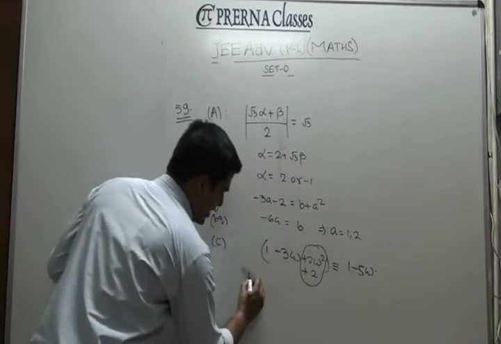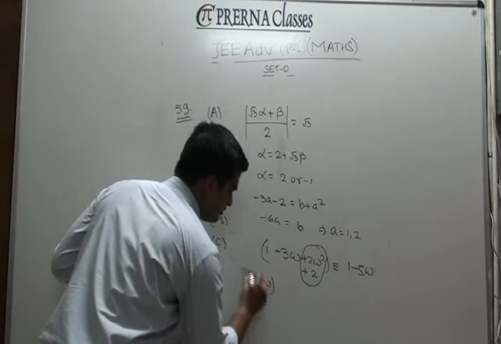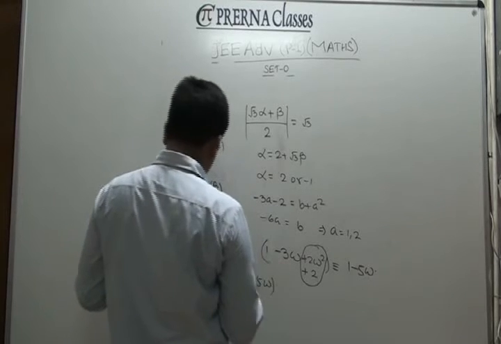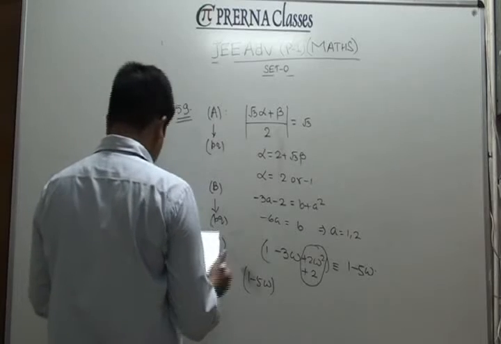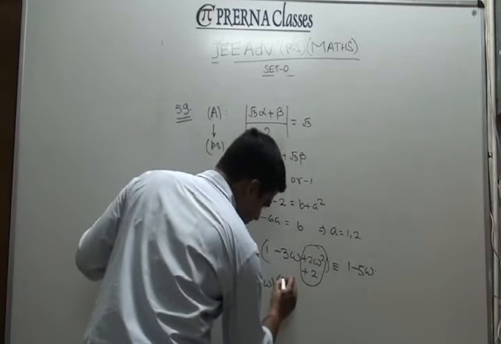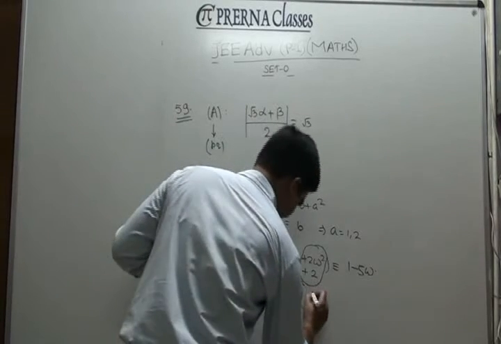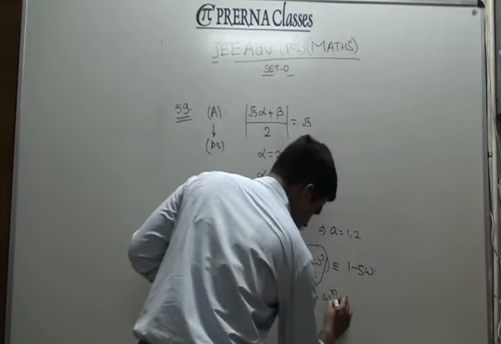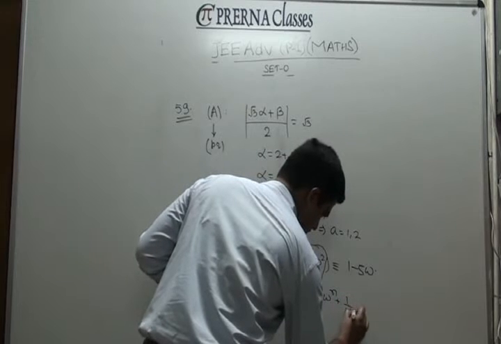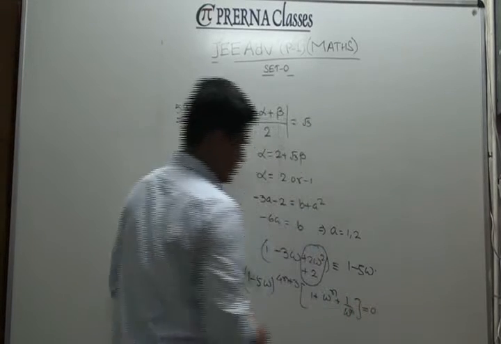In a similar way, if you try to convert each and every term in terms of this, you will then find that the whole expression is going to be equivalent to this much.